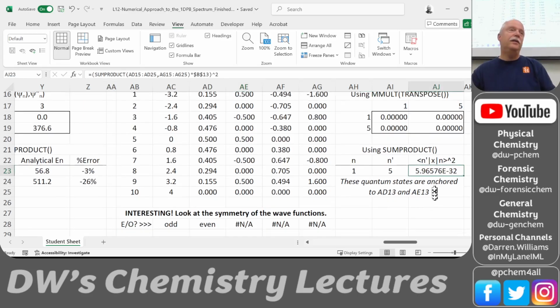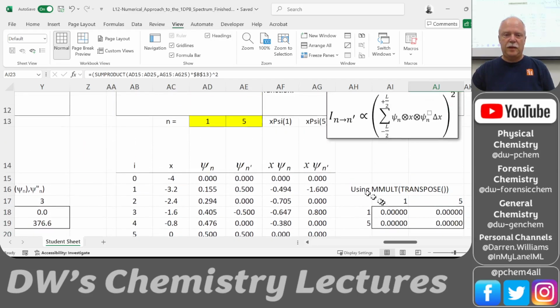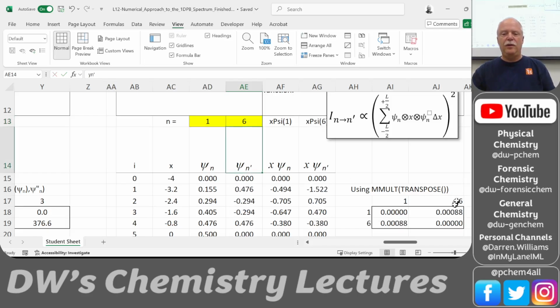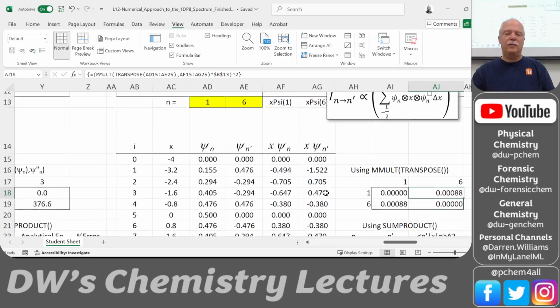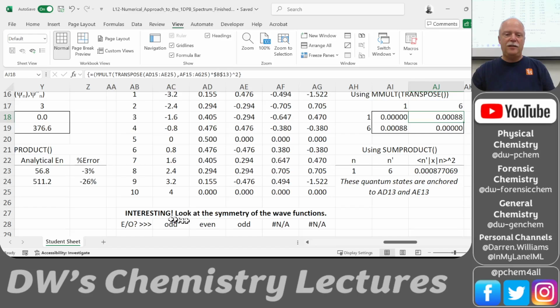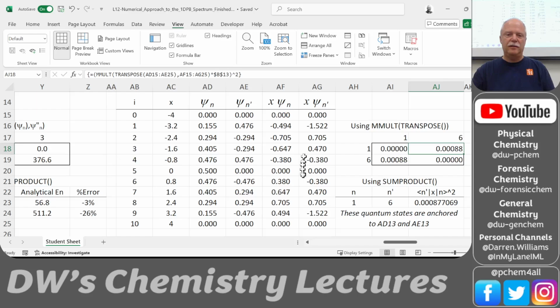It's 10 to the minus 32, but that's 0. 1 to 6, allowed or not? Allowed because that's delta n equals 5. Really, really small, but still non-zero. And again, it would match our functions, odd and even and so on, but these are NAs because they're crazy.